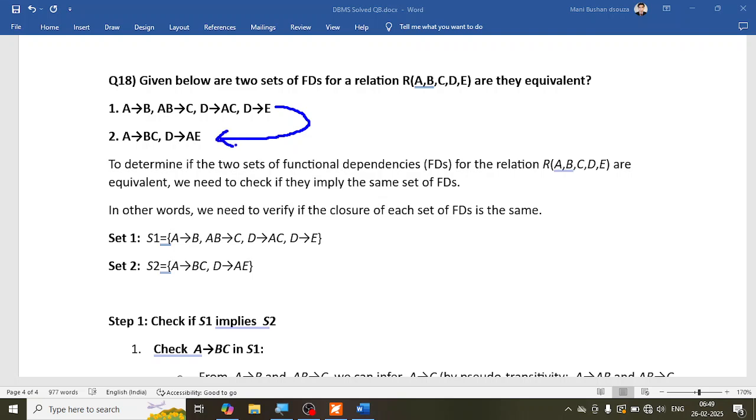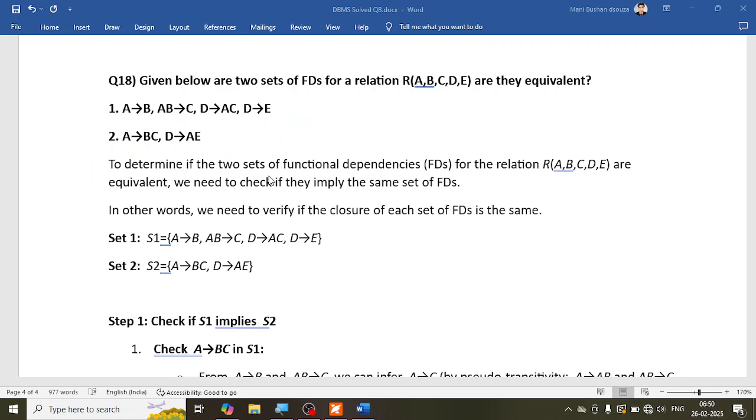In the same way, using the second set, we will be able to derive all the dependencies given in the first set. So using one, we can derive the second, and using the second, we can derive the first one. In other words, we say that both of them are equivalent.